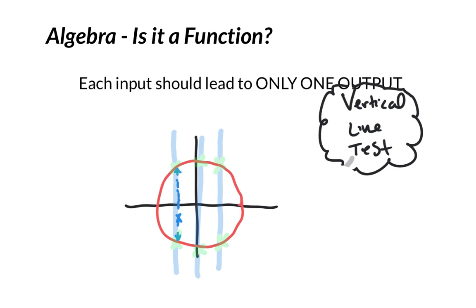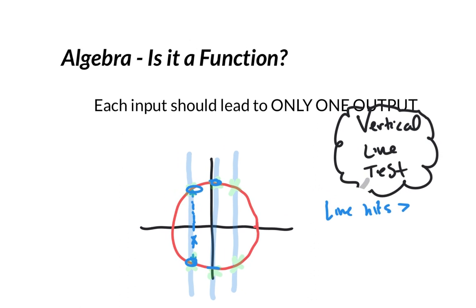If it hits it more than once, it's not a function, because that proves that an input led to two or more outputs. So if your vertical line hits greater than one time, it's not a function.